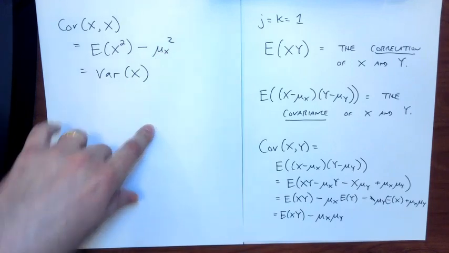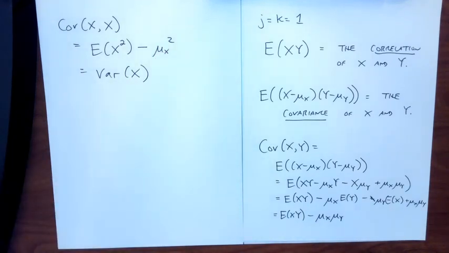So the covariance is what we get when I take a random variable against another random variable, and the variance is what I get if I take the random variable against itself. It's like the self covariance, right? That's why it has the word variance in its name.